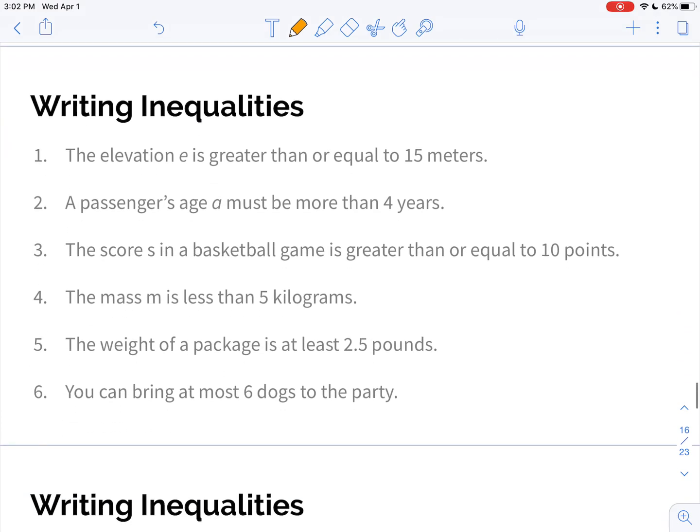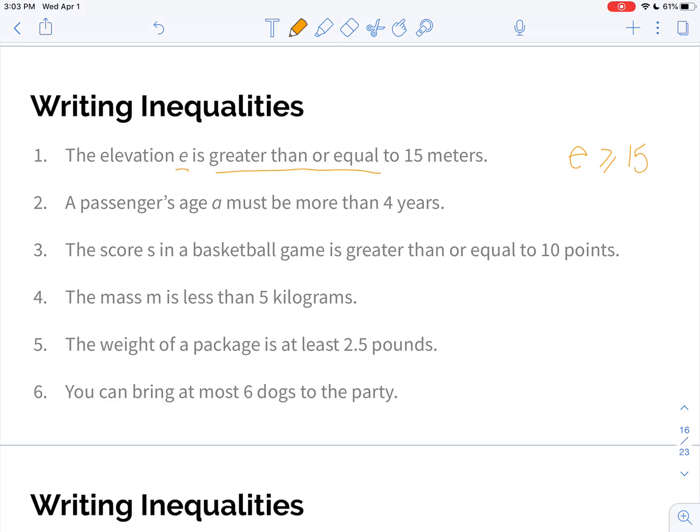So when it comes to writing inequalities from word phrases, the words are going to tell you how you write it. Number 1, the elevation E is greater than or equal to 15 meters. So I know that the elevation is E. We don't know what it is, but we do know that the elevation is greater than or equal to 15 meters.